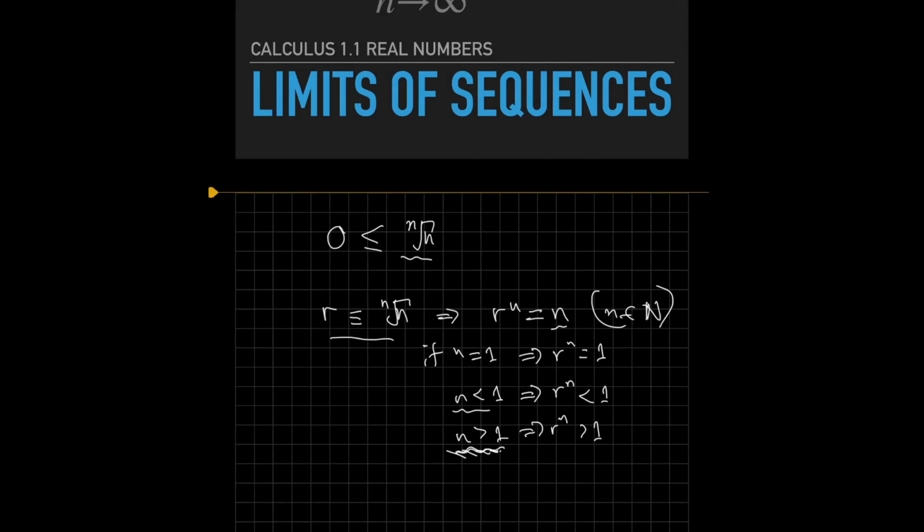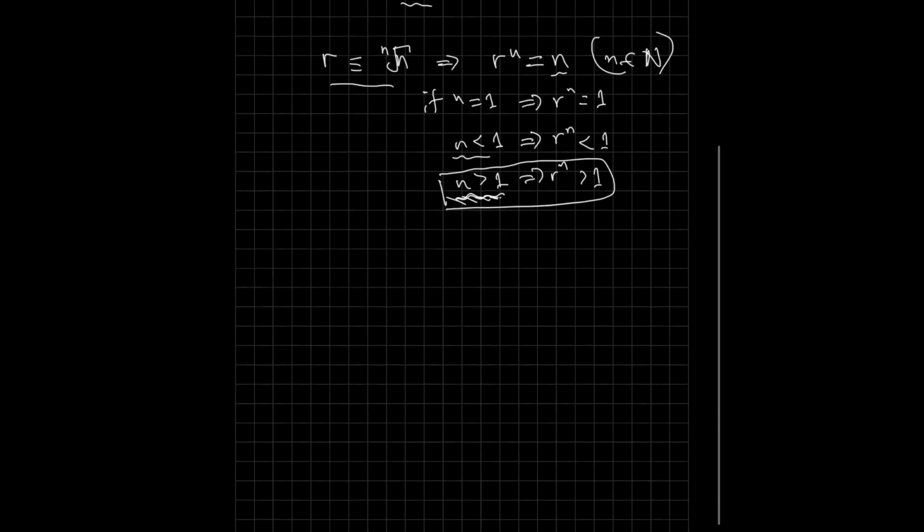And we are also letting n approach infinity, so that's why we think that n is greater than 1. And so we have the intuition that r to the n is greater than 1. Because of this, we can also say that r must be greater than 1.